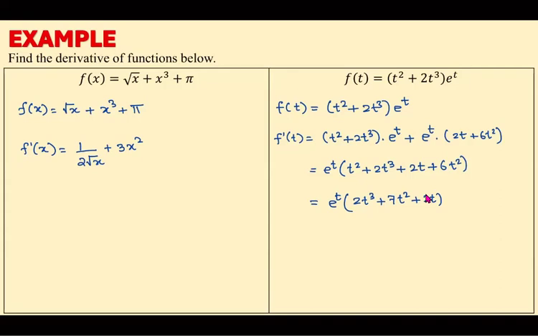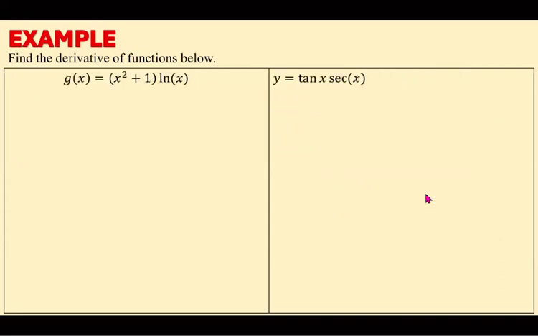Okay, let's move on to the next one. So here we have g of x equal to x squared plus 1 times natural log x. We have to find the derivative of that. Here also you can see that this is a product, x squared plus 1 multiplied by log x.